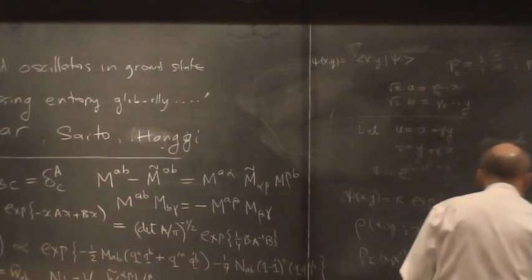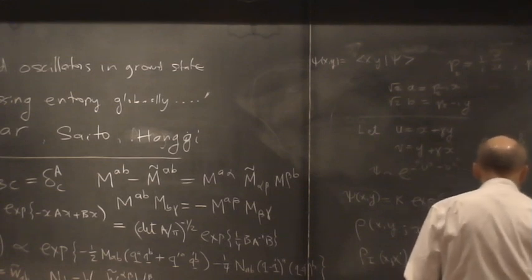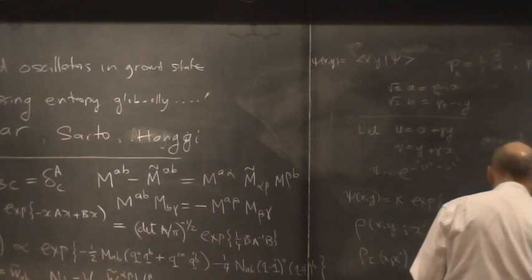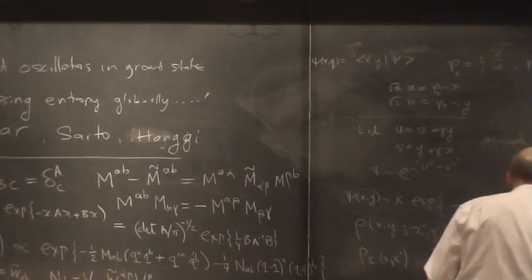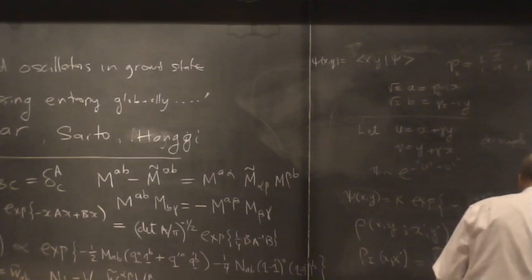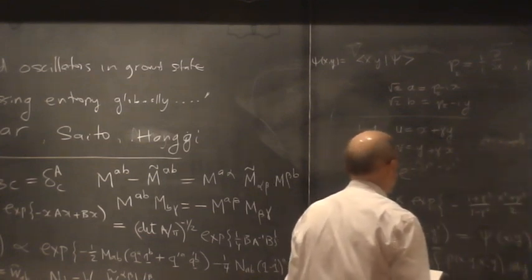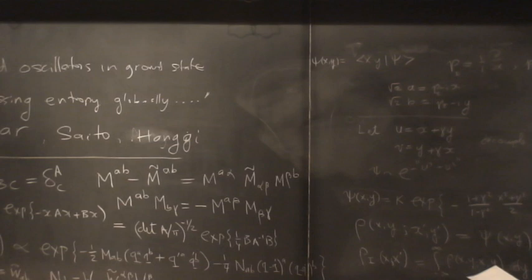Which is equal to, well, we have it here, so we just need to do that integral. I'll just write it out again. It's equal to the integral of psi of x, y, psi star of x prime, y, dy. So that's what we need to evaluate, but that's a Gaussian integral. Last time we went carefully through it, this time I won't bother doing the Gaussian integral explicitly.